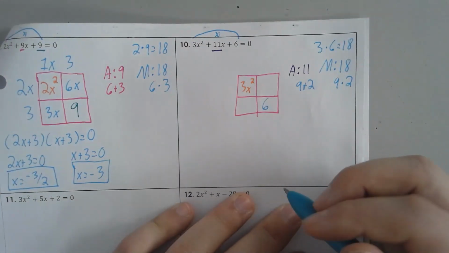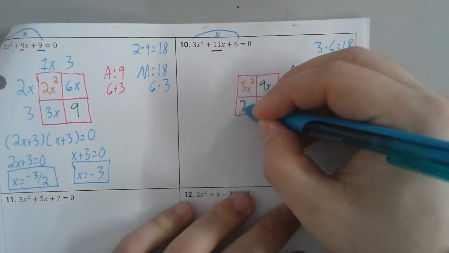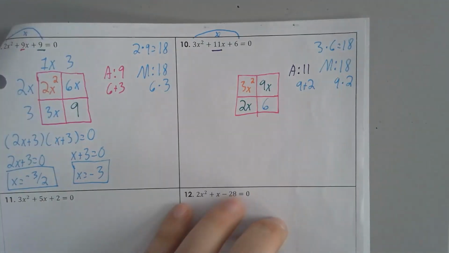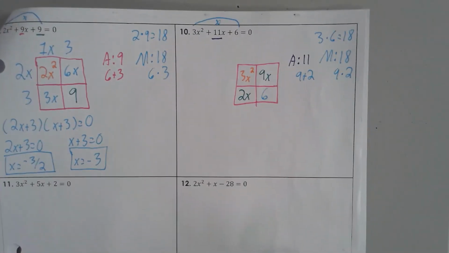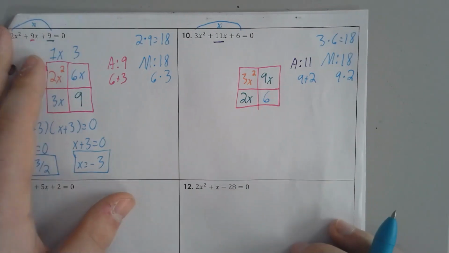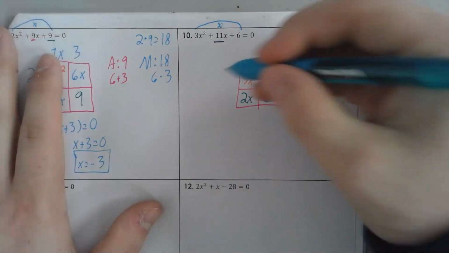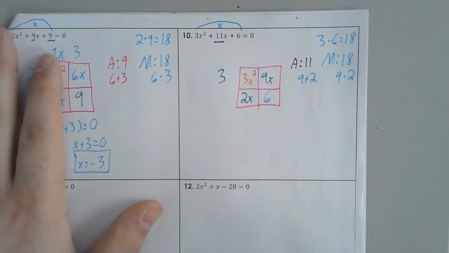Doesn't matter. So I'm going to put that one there and 2 on the bottom. Alright, somebody tell me what my factors are going to be. 3. Do I need an x with it?